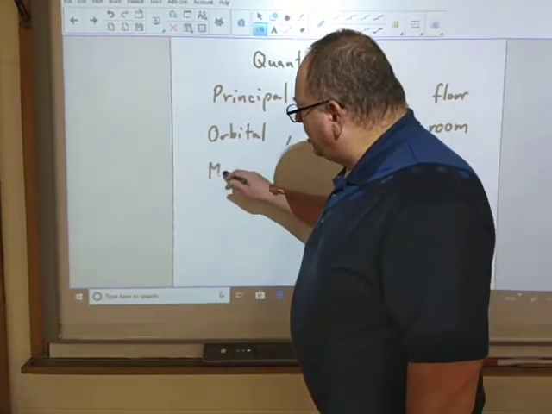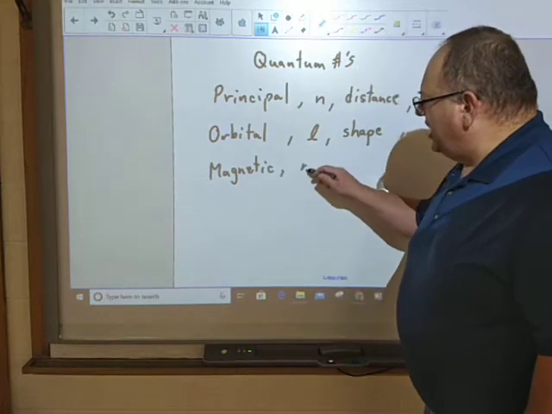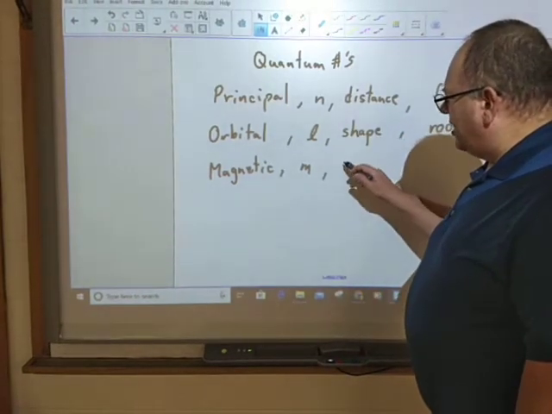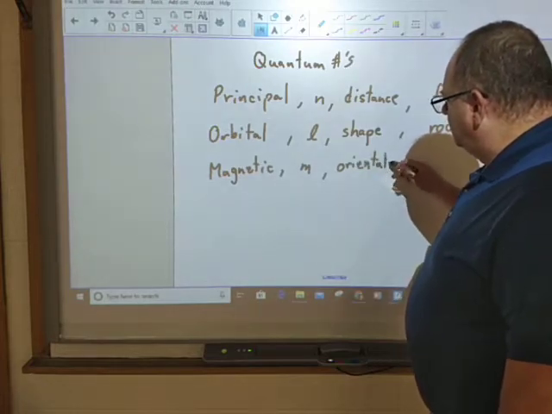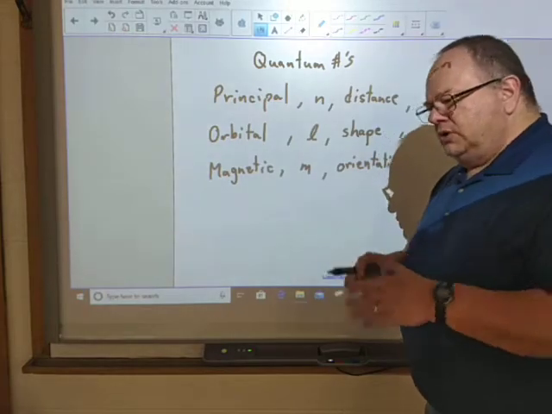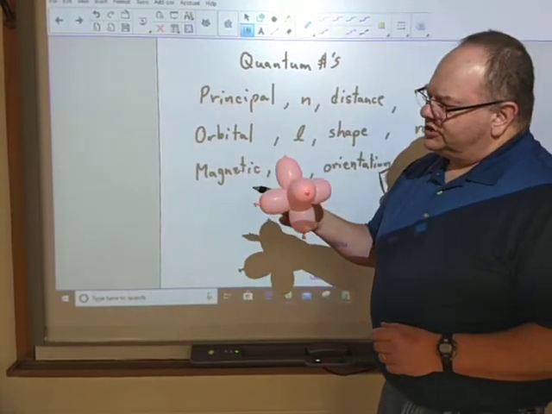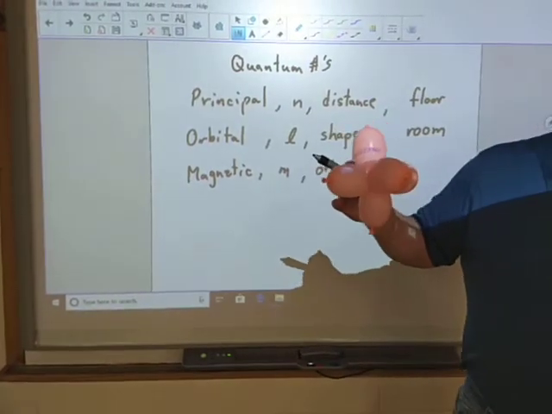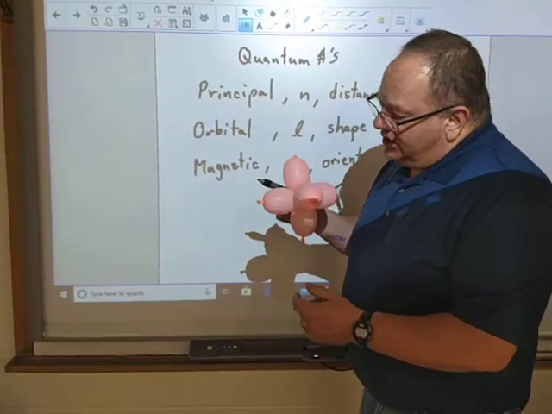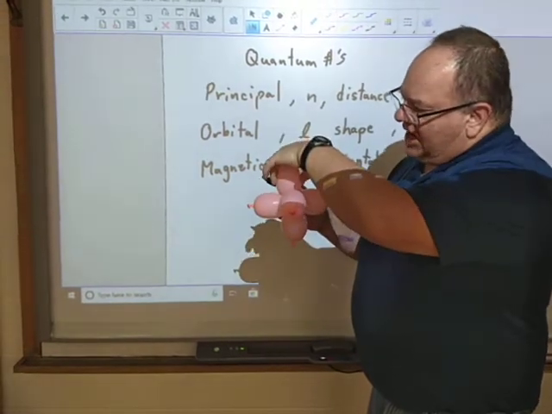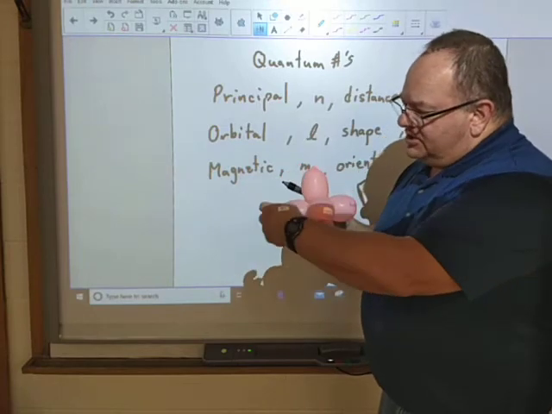And then we have the magnetic quantum number. Its symbol is M. It's telling us about the orientation of the orbital. So, if you remember my balloon models, we say that a p subshell has 3 p orbitals. Each of the orbitals represents, this top lobe and this bottom lobe would be an orbital. It's that dumbbell-shaped orbital. And this lobe and this lobe represents an orbital.